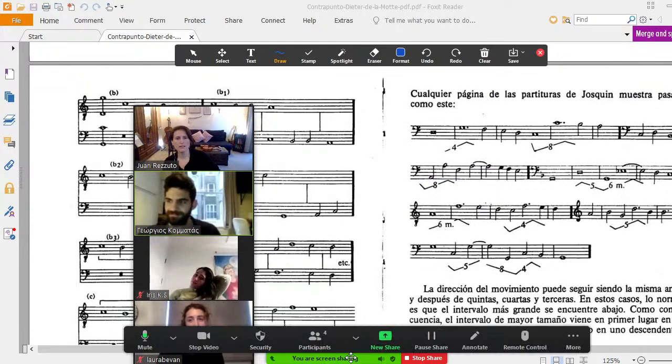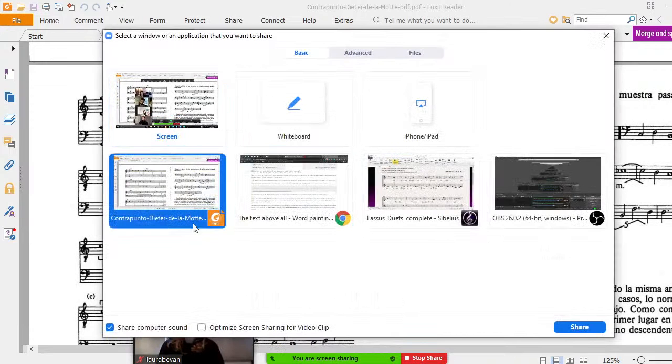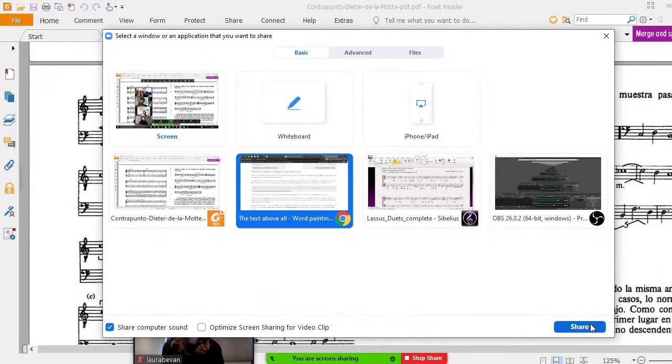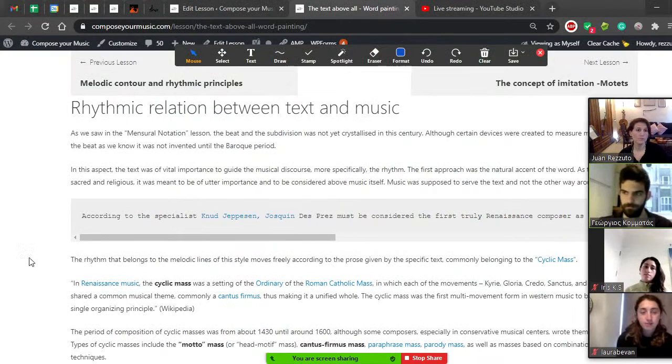Now, let's go back to the website. Now, compensation of the intervals, yes. Laura, which intervals are we not going to use?